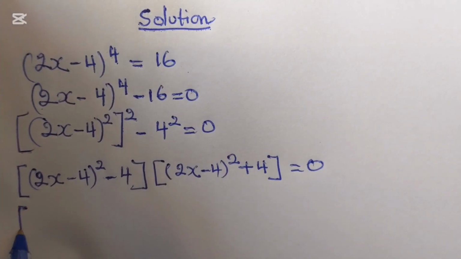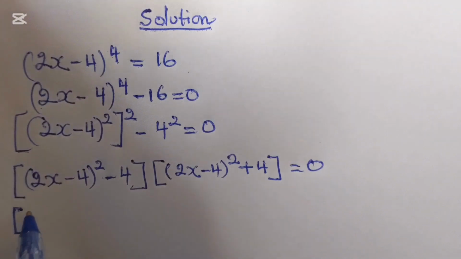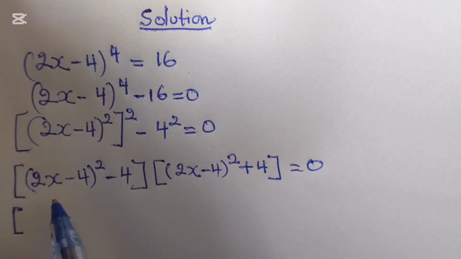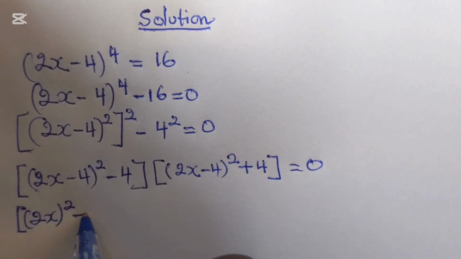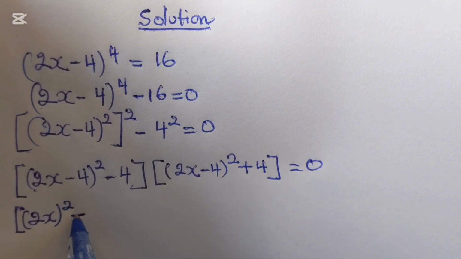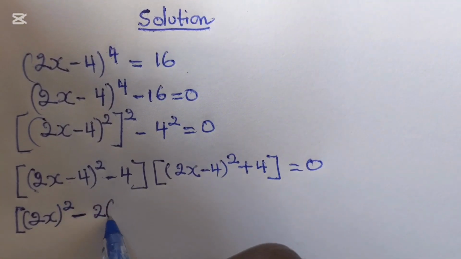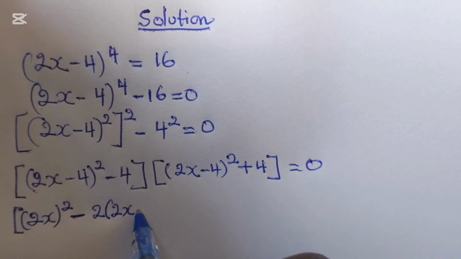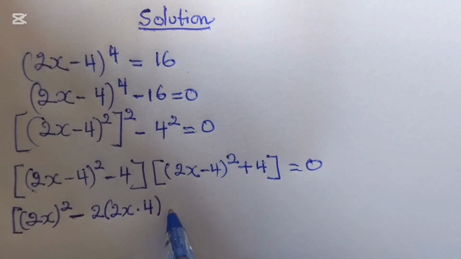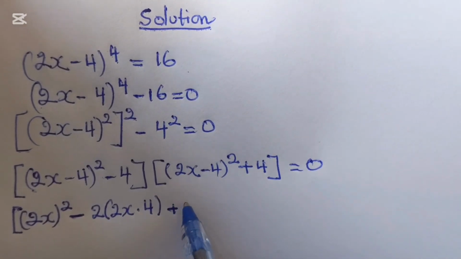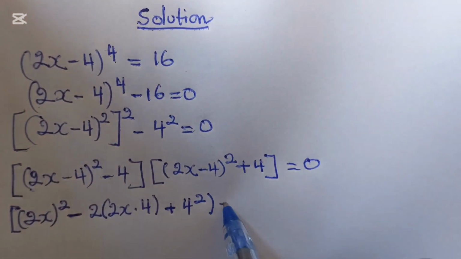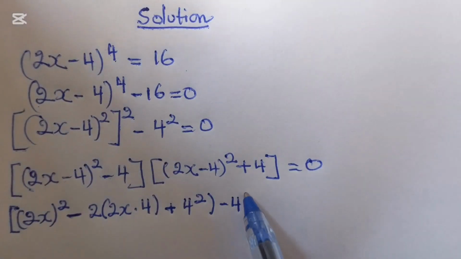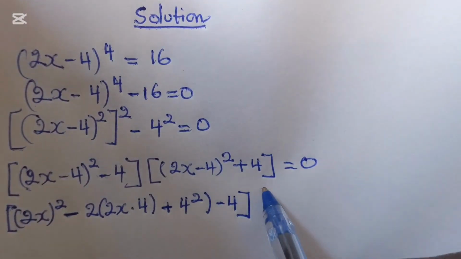Then here we shall say, this one you can deal with to get (2x)^2 minus, because we have a negative, 2ab, 2x times 4, then plus 4 squared, then minus 4 we have here, then close bracket.